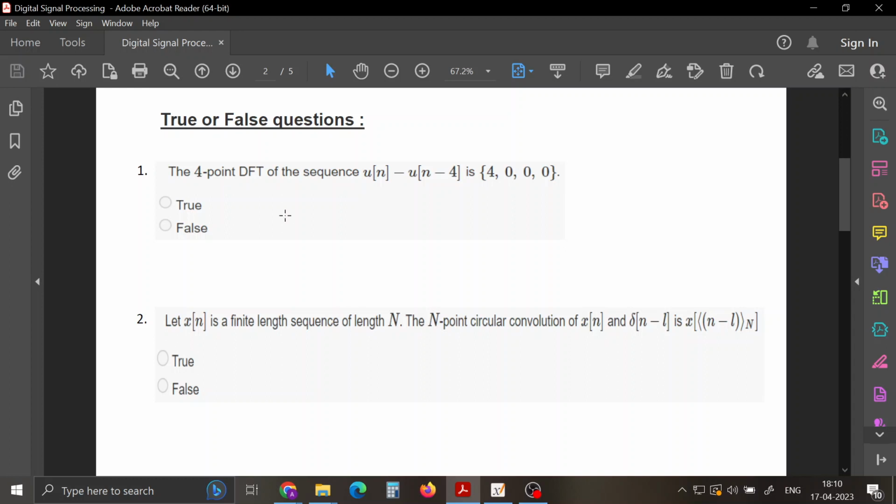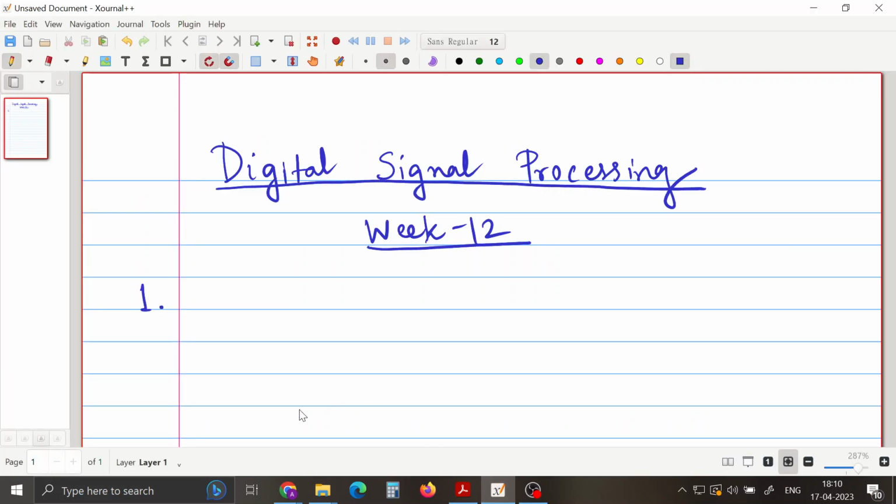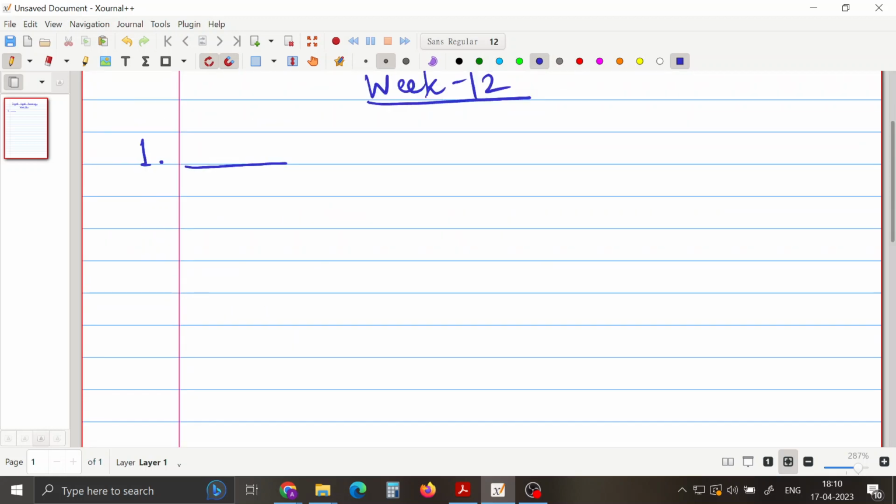We need to check whether the 4-point DFT of this sequence u of n minus u of n minus 4 is this or not. So let me note it down. Let me put a blank here, so it will be either true or false. I'll write the final answer once we numerically work it out.